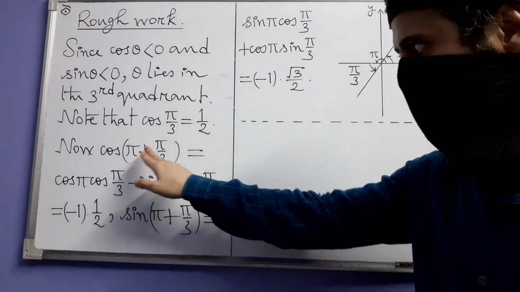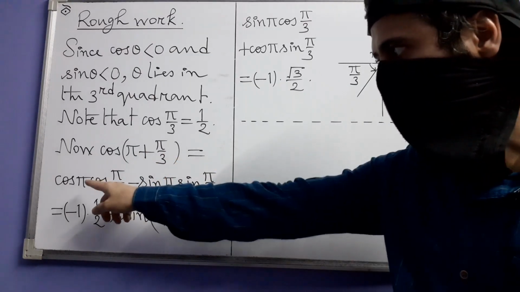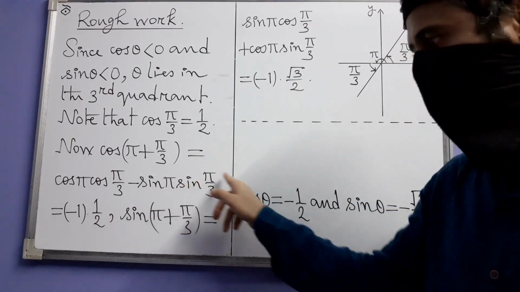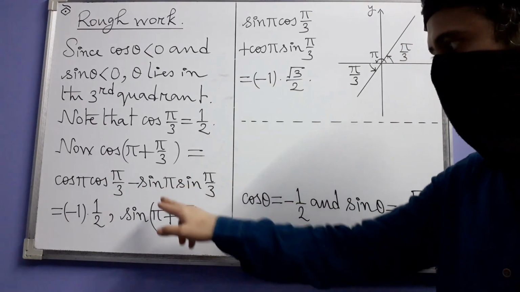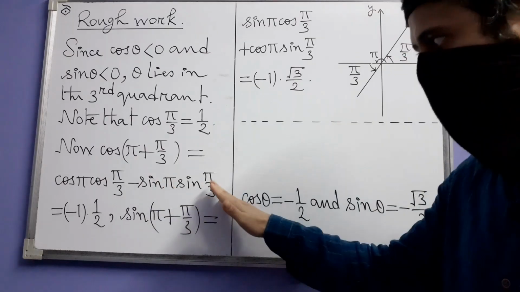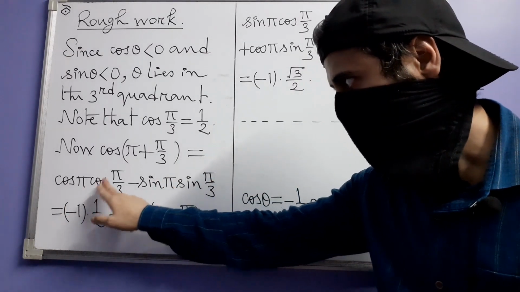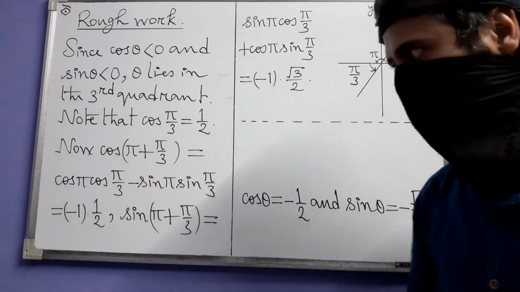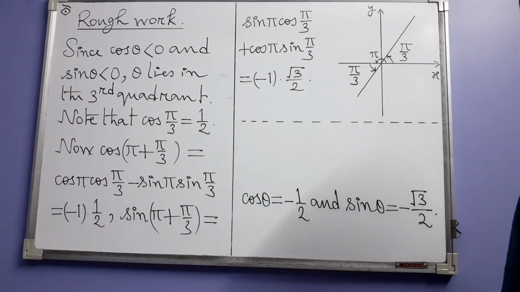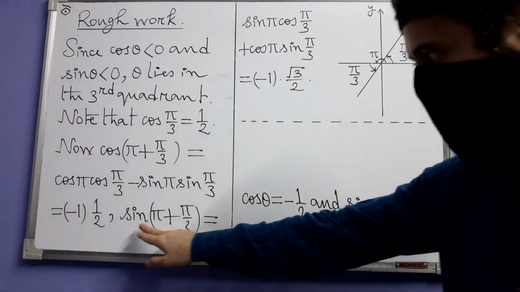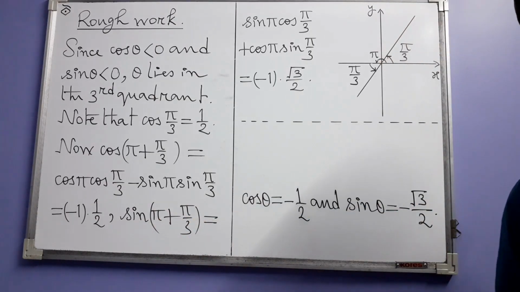Let's calculate cos of pi plus pi over 3. Cos pi cos pi over 3 minus sin pi sin pi over 3. Because sin pi is 0, this second term vanishes. Cos pi is -1 and cos pi over 3 is 1 divided by 2. So we really get -1 over 2. What happens when we calculate sin of pi plus pi over 3?